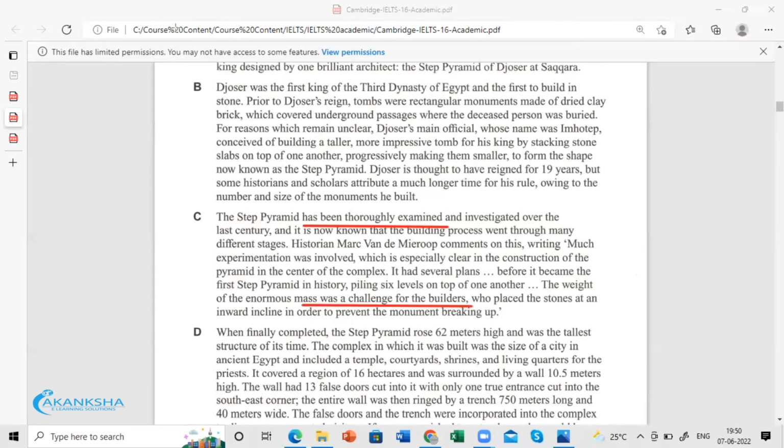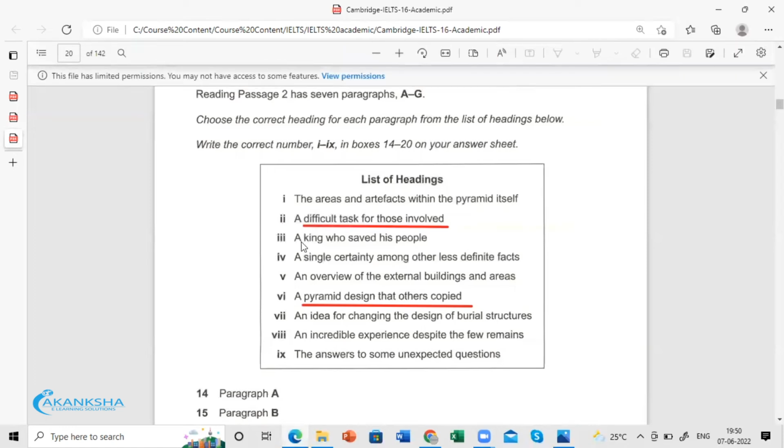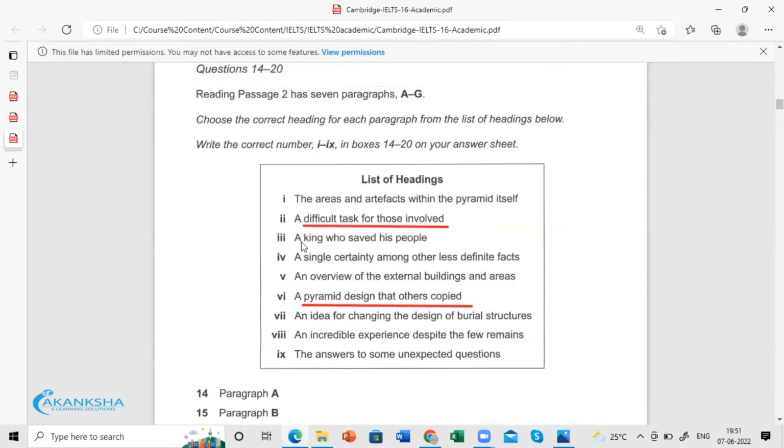Challenge is a synonym of difficult. So we have to go by the synonyms here. That's how we need to match the statements here. Clear, everyone? Okay, so C, we can match with the second heading.